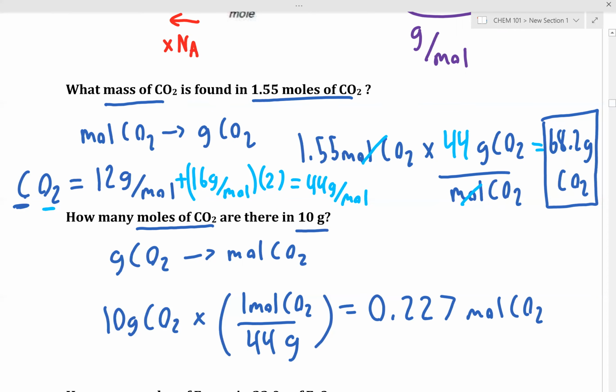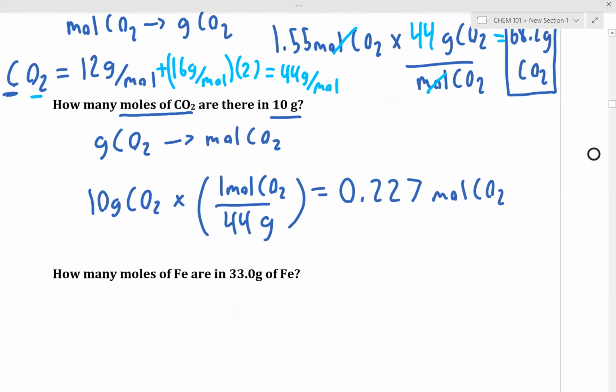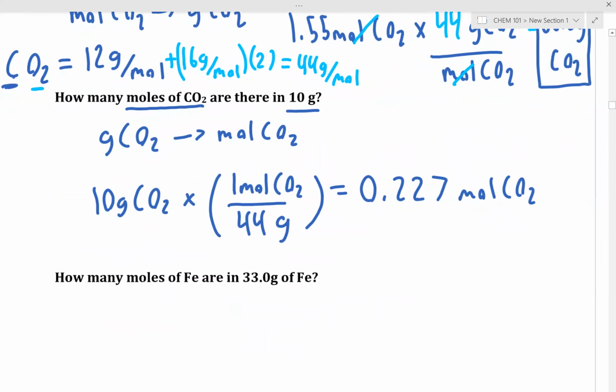And my question to all of you is, taking a look at this problem, how many sig figs does my input have? 1. So how many sig figs should my output have? 1. So this would best be written as 0.2 moles of CO2 because we rounded down. Does that make sense?